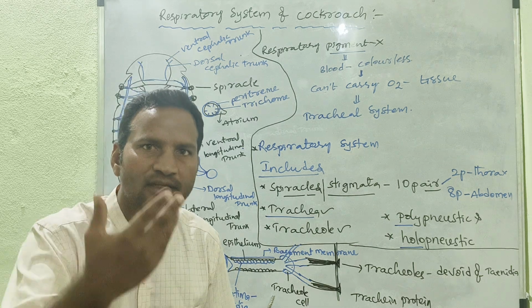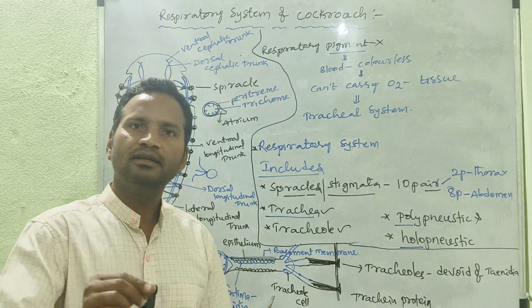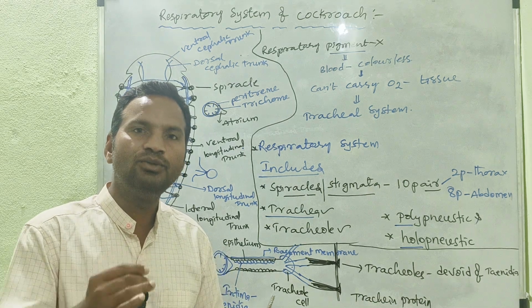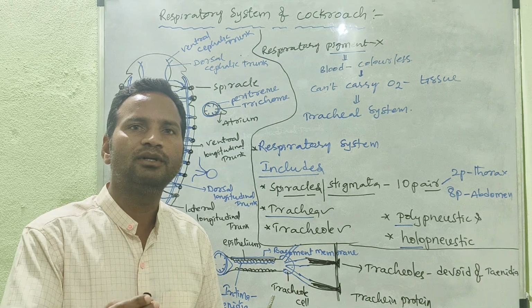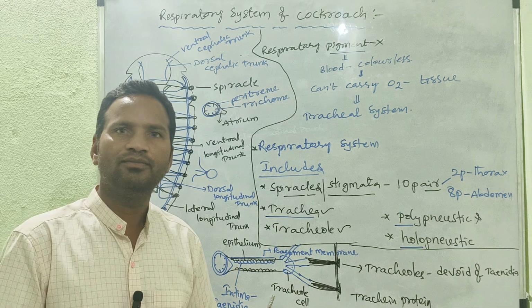Expiration occurs due to contraction of the dorsoventral muscles and ventral longitudinal muscles.